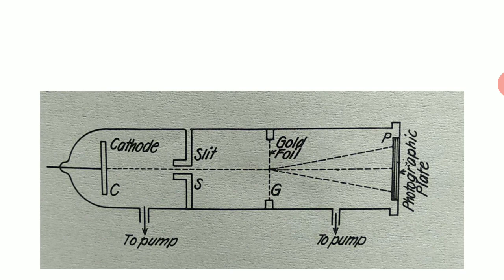The photograph of the beam from the foil is recorded on the photographic plate P as shown in the diagram. The whole apparatus is exhausted to a high vacuum so that the electrons may not lose their energy in collisions with molecules of the gas.